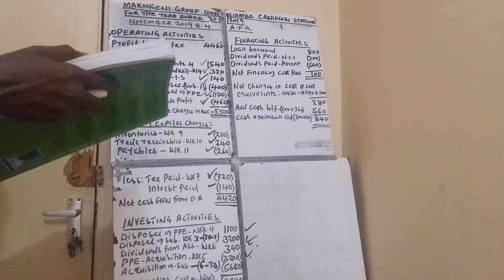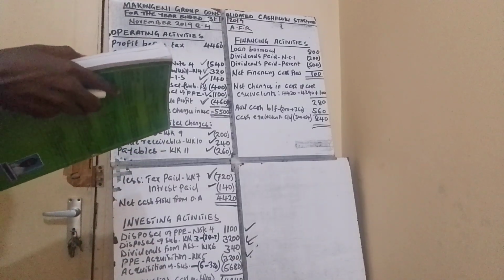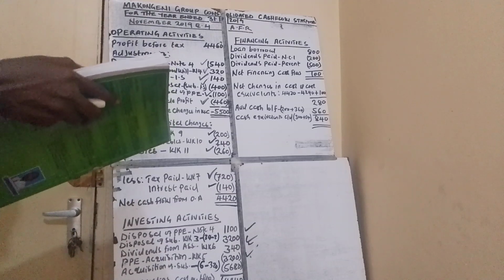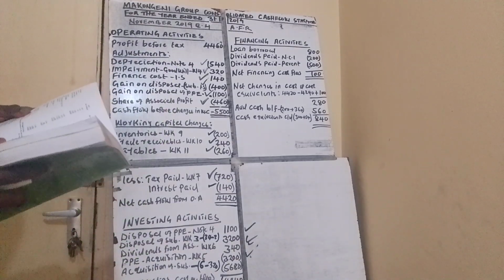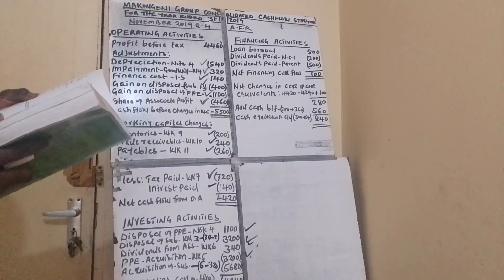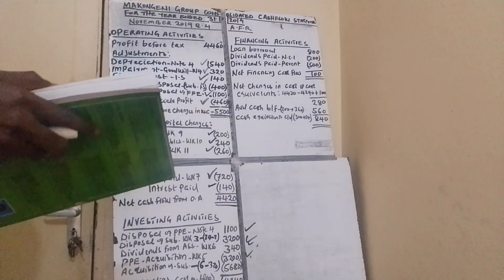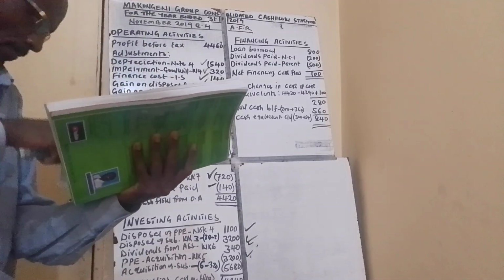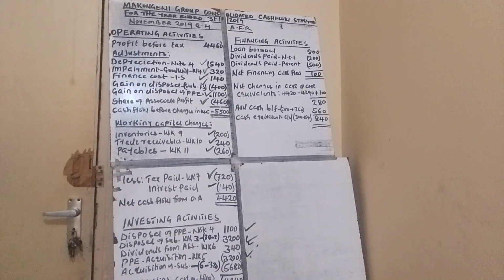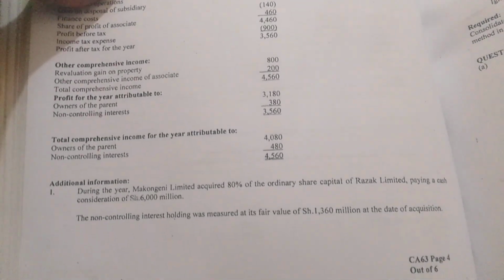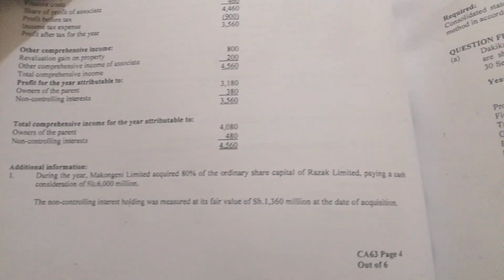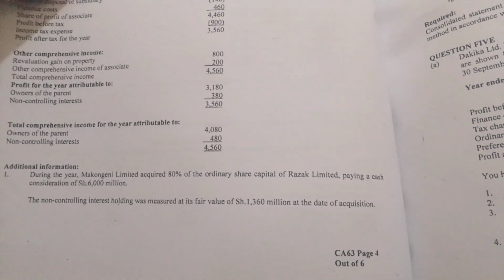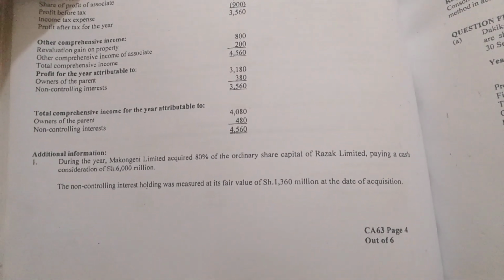It's note number 1. We are taking the 6,000 because you are told how much money you spent on that subsidiary. You look at number 1. Can you see 6,000 there? Purchase consideration of 6,000.